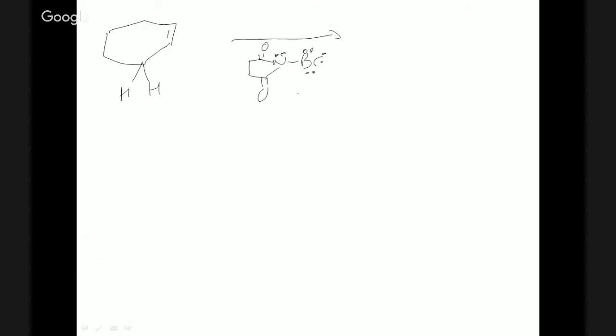This is called NBS. And very importantly, this is with light or heat. Okay? That's important because we've seen NBS before with DMSO and water. And we saw that in chapter 10. Okay, so again, flashcards can help, all that stuff. Here, it's a radical reaction. Get used to seeing these conditions for radical chemistry.